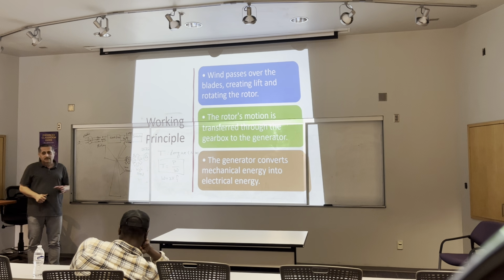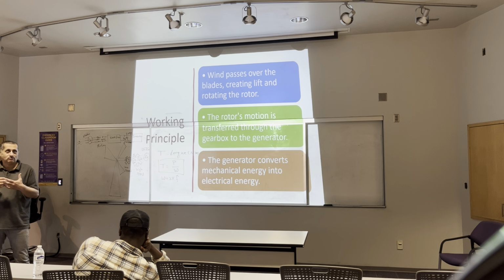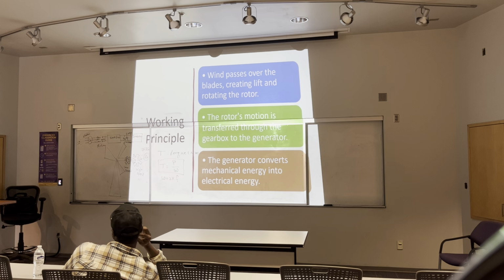We need the rectifier and inverter because the wind has variable speed, variable pressure, variable properties. The wind will change the speed, direction, and pressure. The wind turbine depends on the speed of the wind, the pressure of the wind, and the direction of the wind.